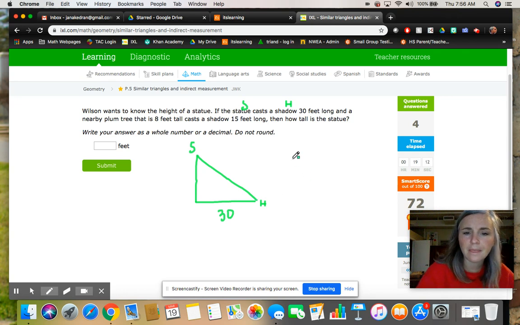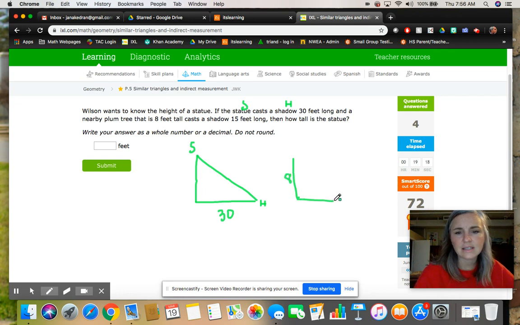Okay, so then we have an 8-foot tall tree that's casting a, so let's put a T here for tree. That's casting a shadow that is 15 feet long. So they're actually giving me a second triangle here, right? One off a plum tree, one off a statue.